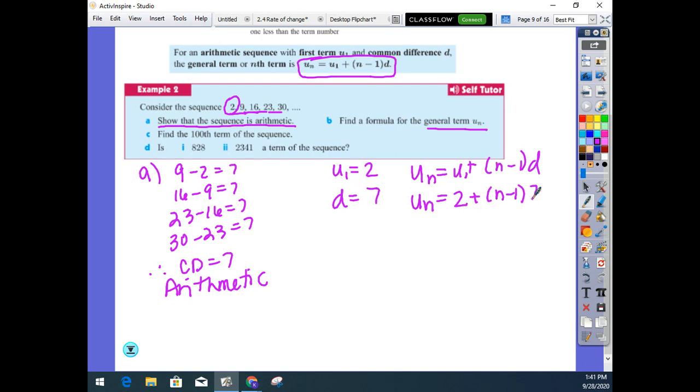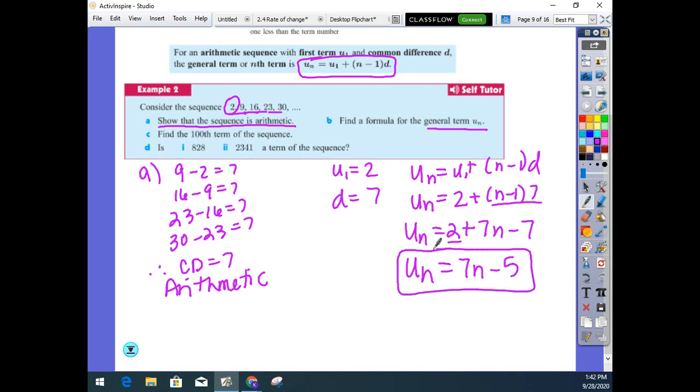I think the book probably does. So we can distribute the 7 and then add like terms. Oh, what am I doing? See, if you were in class, you could have said, what the heck are you doing? And that's our general sequence.